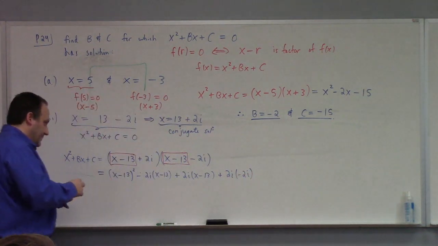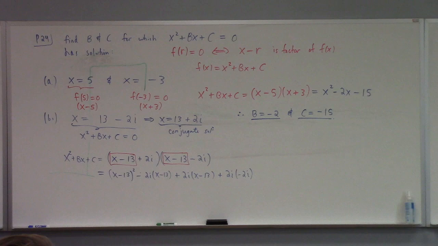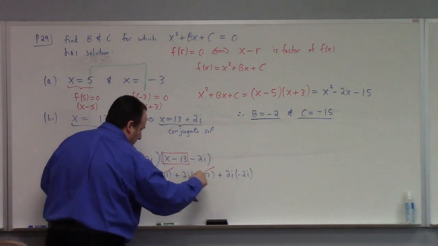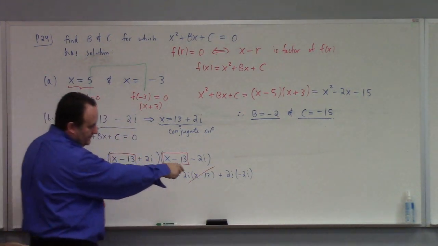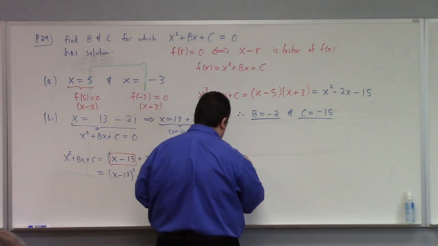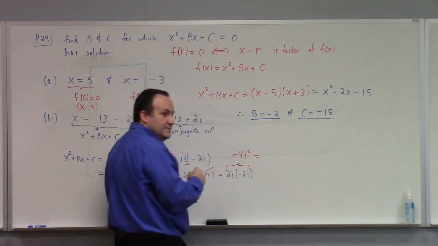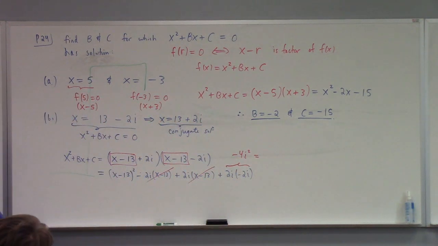The really cool thing is that when you have complex solutions, they come in conjugate pairs, which means when you plug it in like this, the imaginary piece cancels. See that? And what's this over here? Negative 4i squared. Remember, i squared is minus 1.